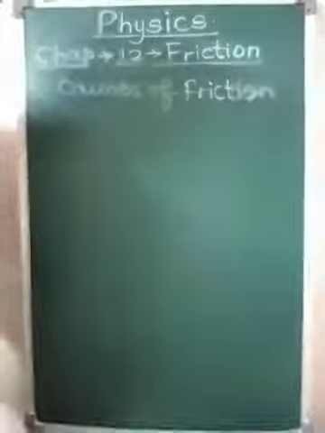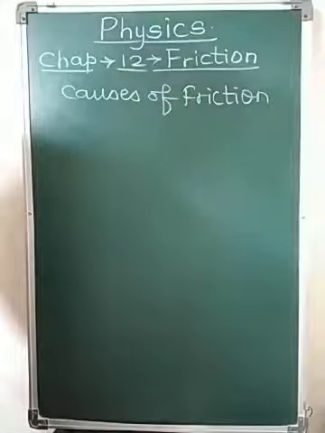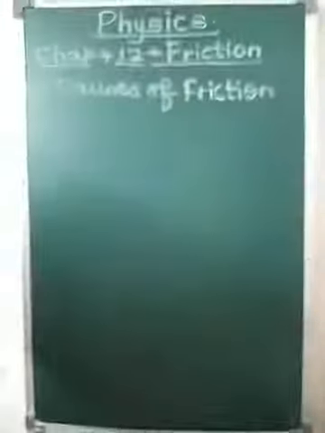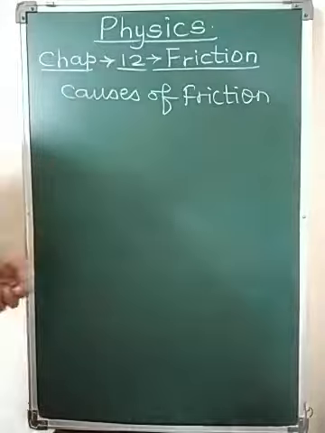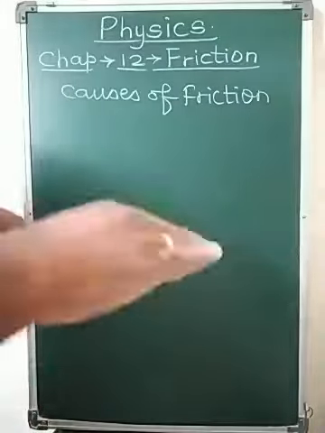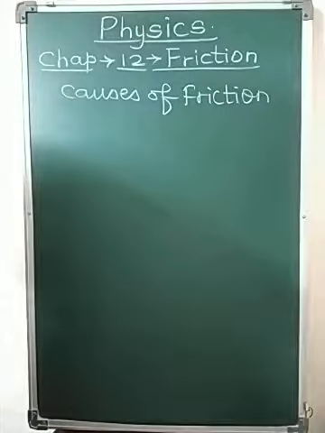What helps your teacher write on the blackboard using chalk? It is the friction between the chalk and the blackboard. A rough surface increases friction, whereas a smooth surface reduces friction. Suppose you are traveling on a highway, the surface is smooth, so the vehicle moves very steadily and easily.